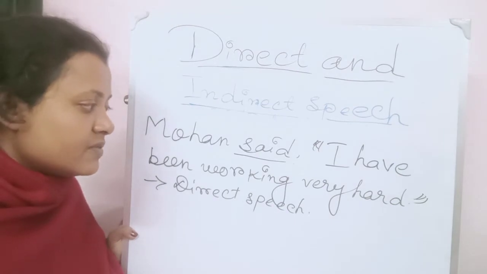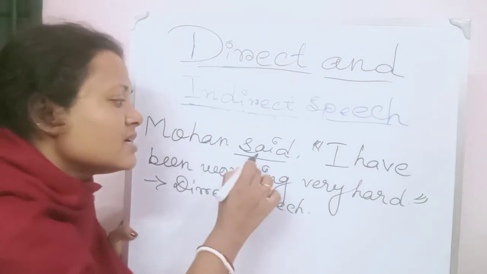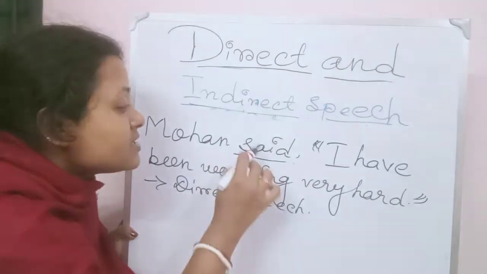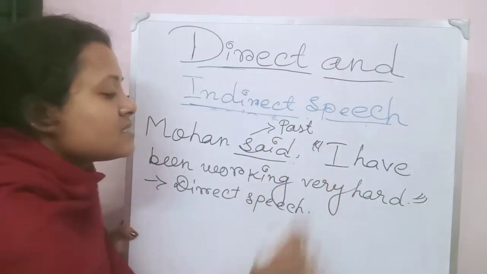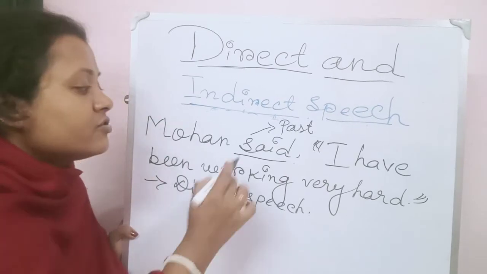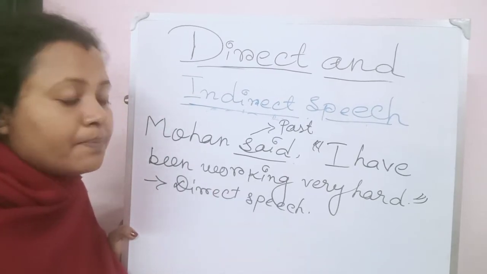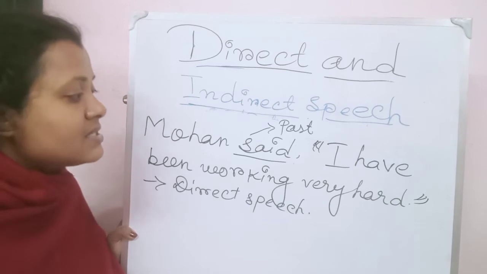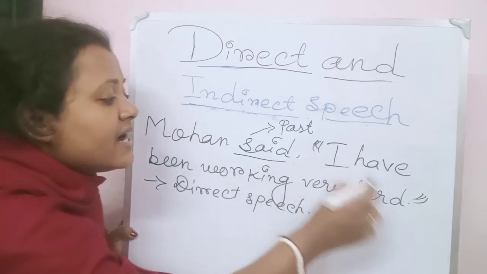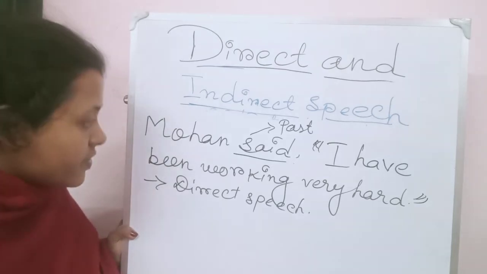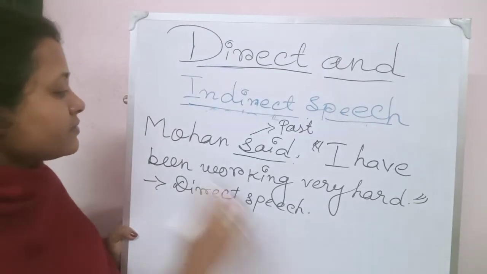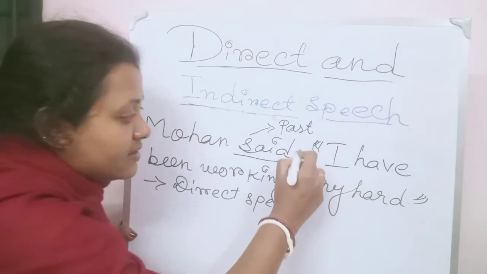The reporting verb here is said, which is in simple past tense. So whenever the reporting verb is in past tense, the verb inside the inverted commas will also get changed. For example, Mohan said that.